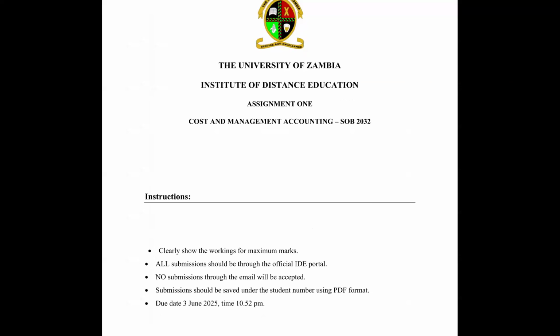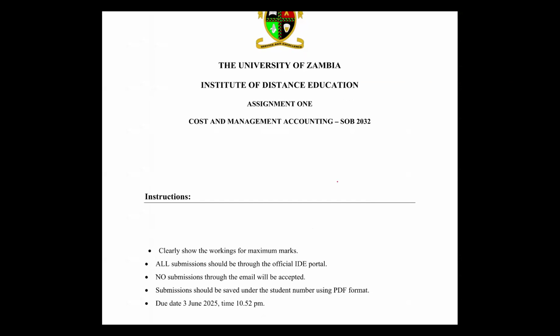If you do remember, if you don't remember, don't worry. We said the costs are usually classified into different classes or groupings. We have these different classes of the costs, and so the costs shall be made up of the following.